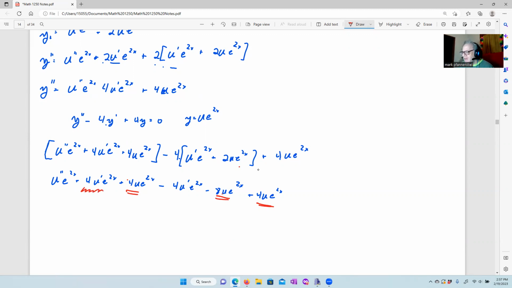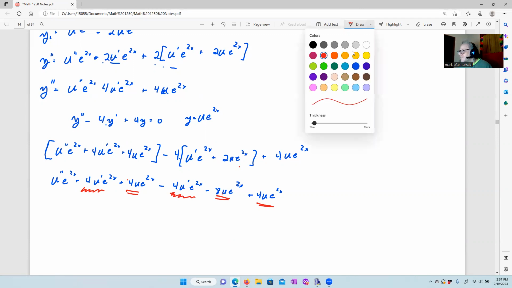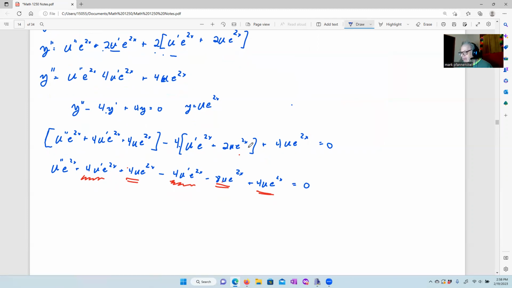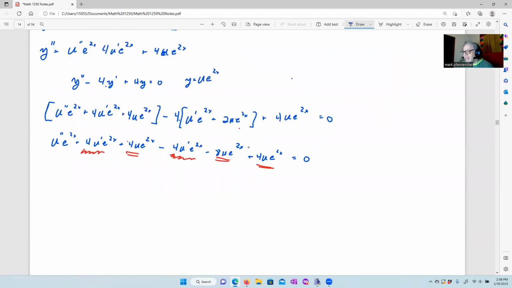We have 4u tick e to the 2x, minus 4u tick e to the 2x. What was the right-hand side of this equation? This equation started off as a homogeneous equation, so we have equals 0. All of this other business canceled, so we have u double tick e to the 2x equals 0.